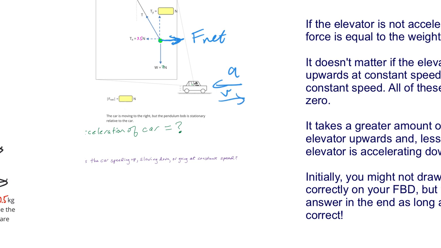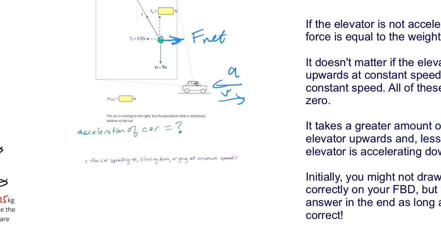So the pendulum appears to be pushed forward. It's an object that's in motion, and it wants to remain in the motion it had before the car braked. So there's an apparent net force forward.